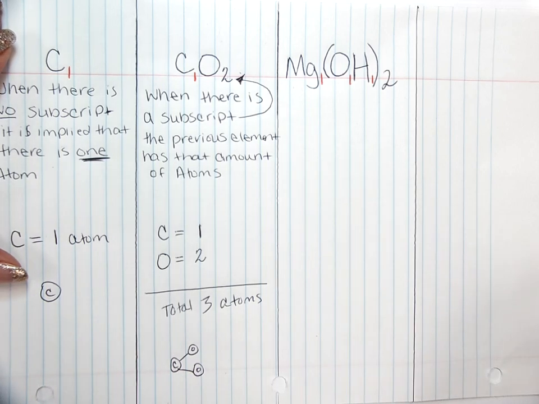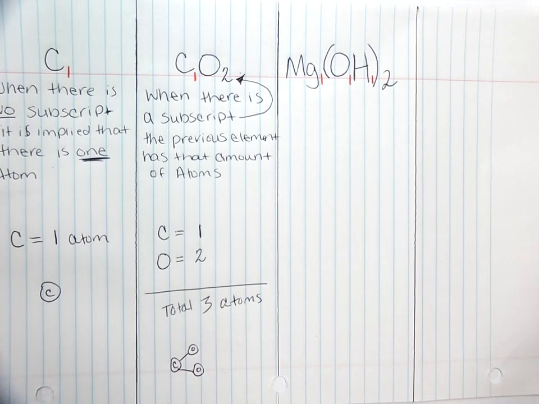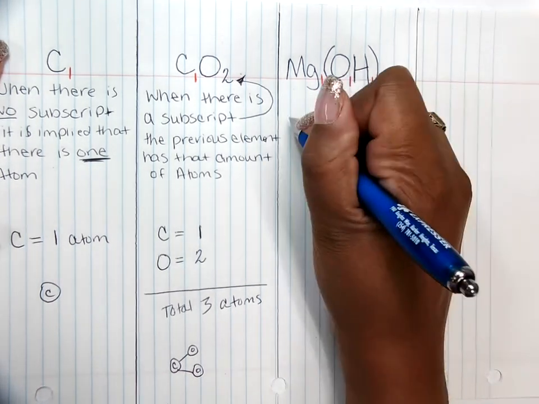So when the subscript is outside of the parentheses, multiply everything by it.